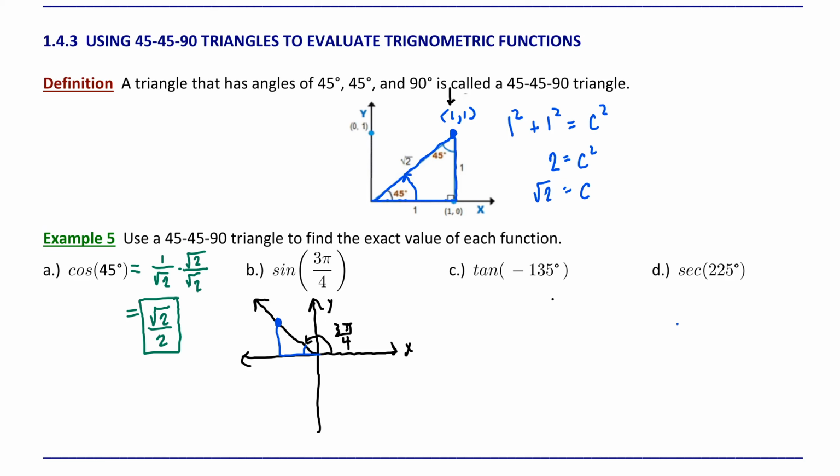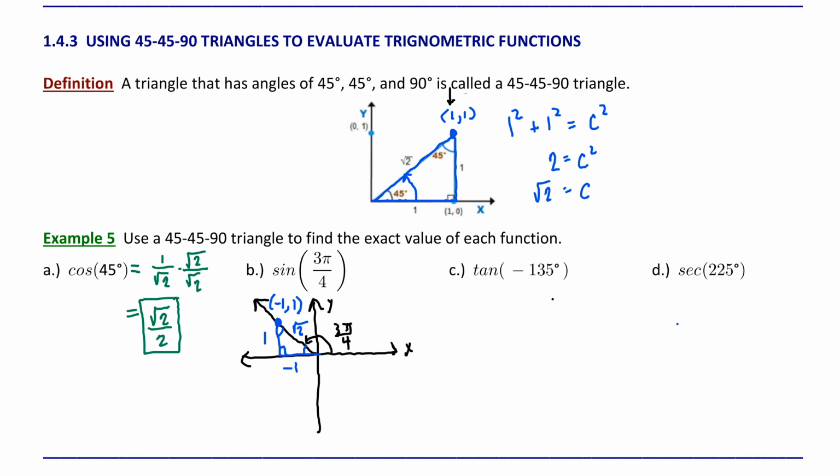Remember, what I have right here is a 45, 45, 90 triangle. So the horizontal segment would be measured at -1, the vertical segment would be +1, and the hypotenuse would be square root of 2. So the ordered pair of a point on the terminal side of 3 pi over 4 would be -1, 1. Remember, you can use any point on the terminal side of an angle.